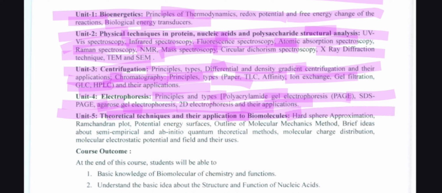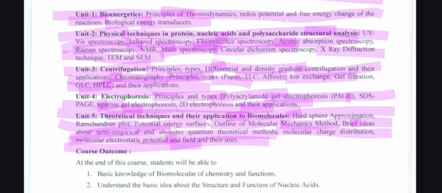Hard sphere approximations, Ramachandran plot, potential energy surface, outlines of molecular mechanics method, brief idea about semi-empirical and ab initio quantum theoretical methods, molecular charge distributions, molecular electrostatic potential and field and their uses.